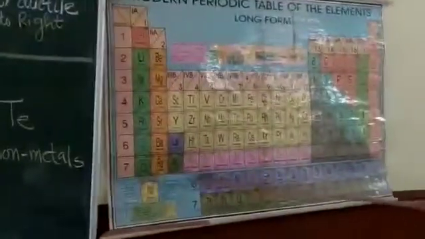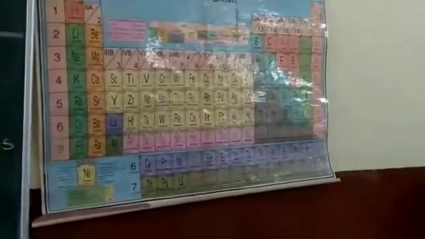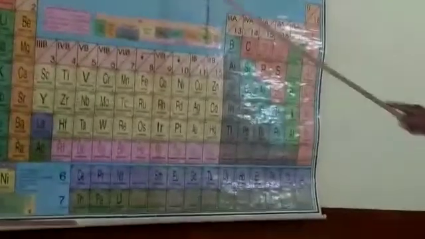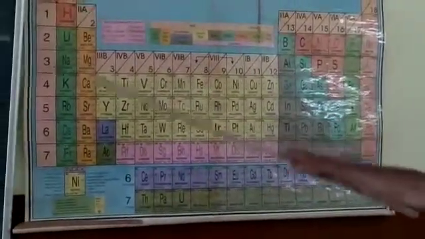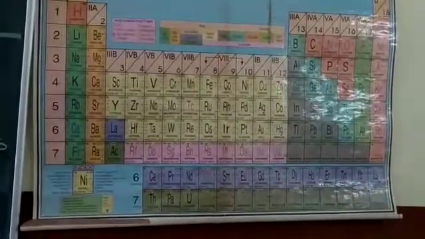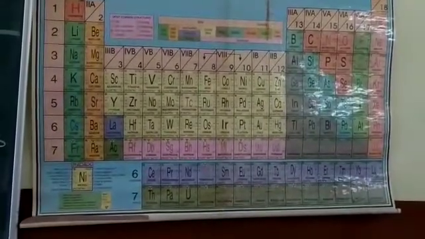So see here on the left hand side. This is the left hand side of the modern periodic table, and you can see that all metals lie mostly on the left hand side. I told you they comprise mostly 78% of the modern periodic table.